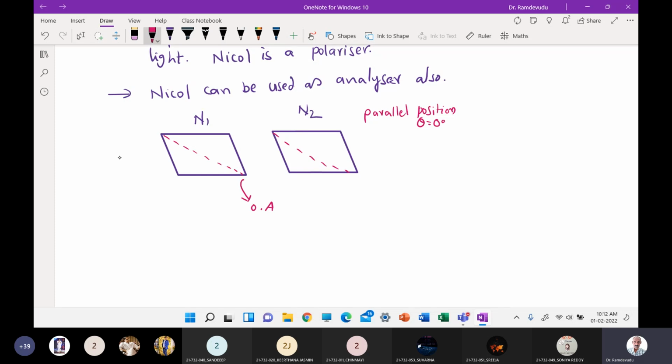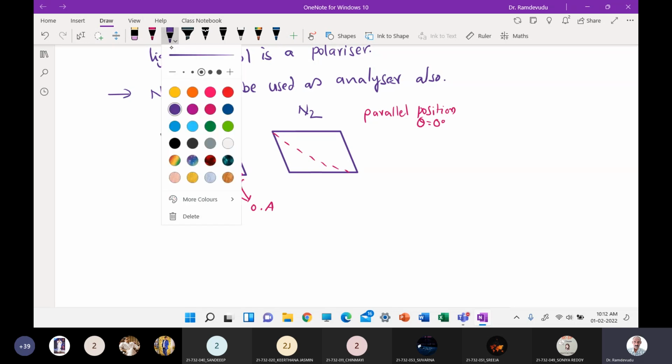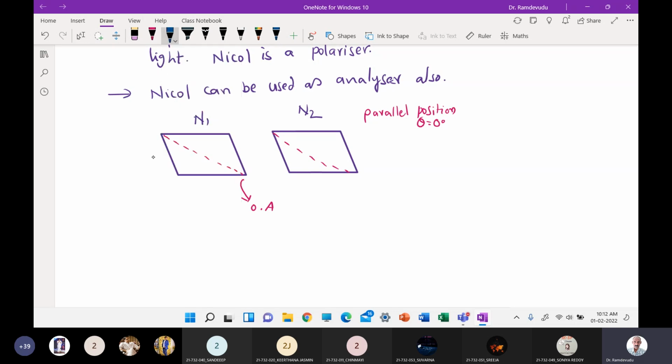Therefore, when an unpolarized light falls on this, it eliminates one of the rays and we get only one ray, the other dotted ray gets out, and it will come out as plane polarized light having vibrations parallel to the second Nicol. Therefore, the second Nicol passes them since the axes are parallel.